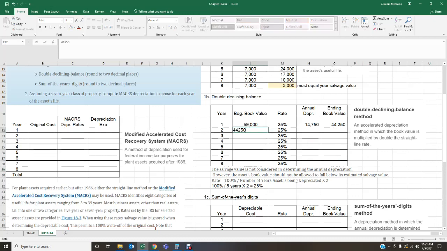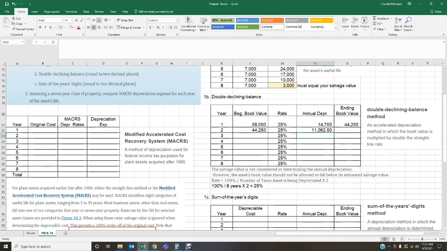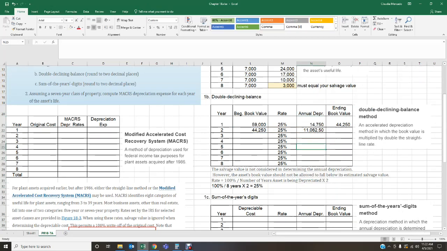So now I'm going to bring this ending book value down to year number 2. Year number 2 book value is 44,250. I'm going to multiply it by the 25%. That gives me an annual depreciation of 11,062.50. I'm going to get my beginning book value minus my annual depreciation, and that gives me my ending book value of 33,187.50.